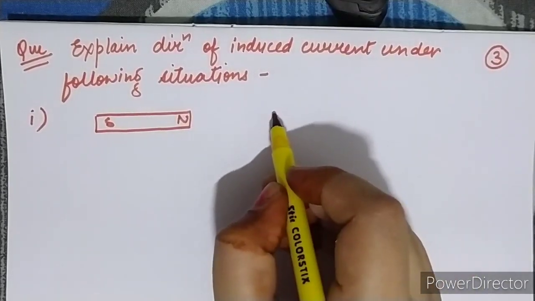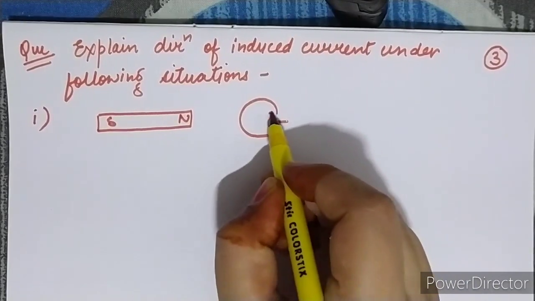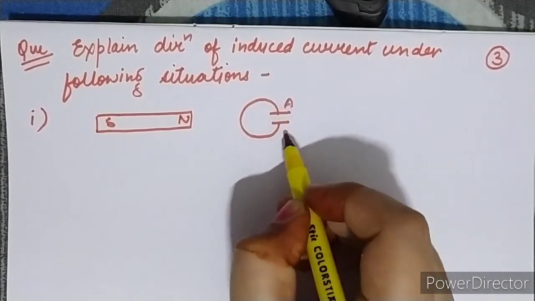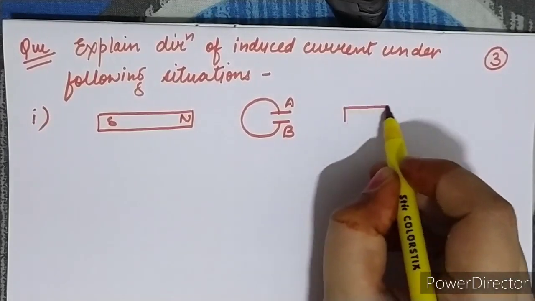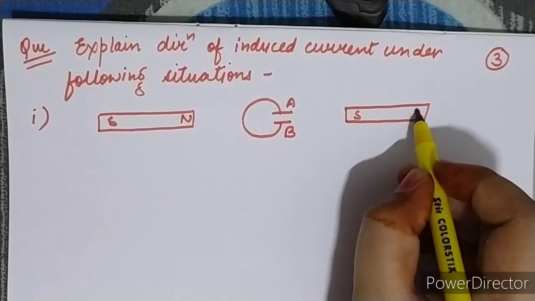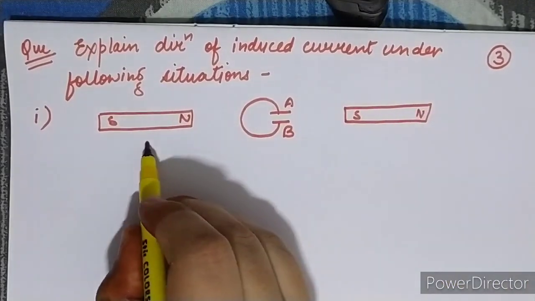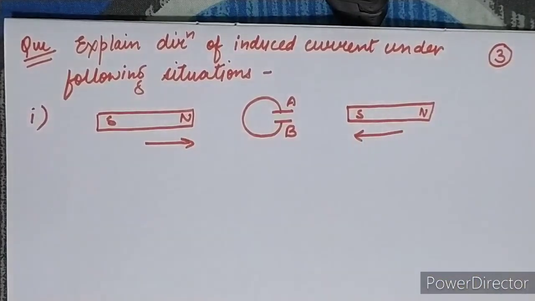Here one plate has been kept, AB, and here another magnet, again south pole and north pole. It is moving in this way. In this situation you have to explain the direction of the induced current.